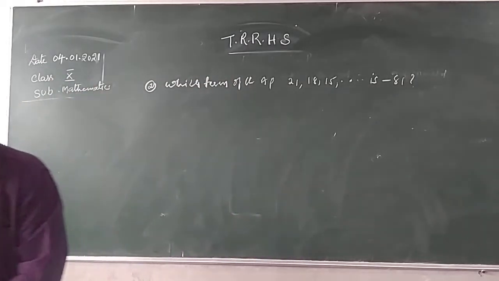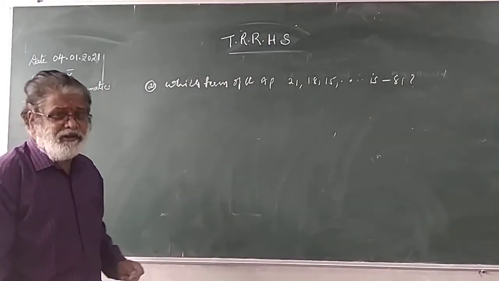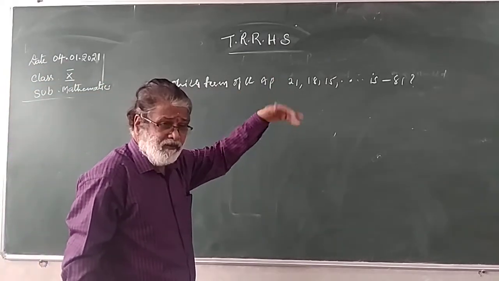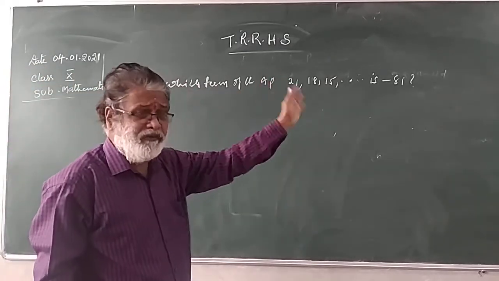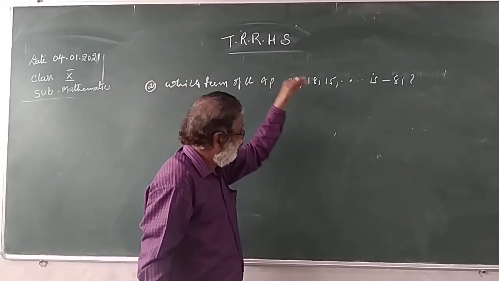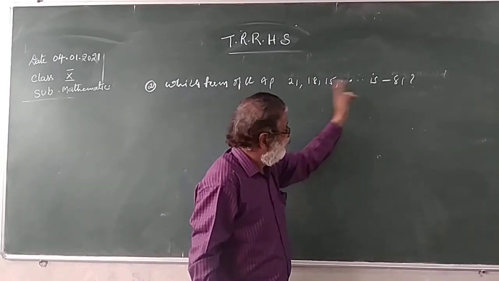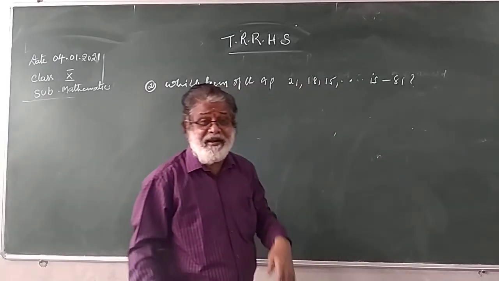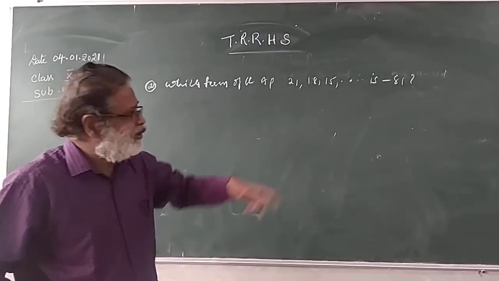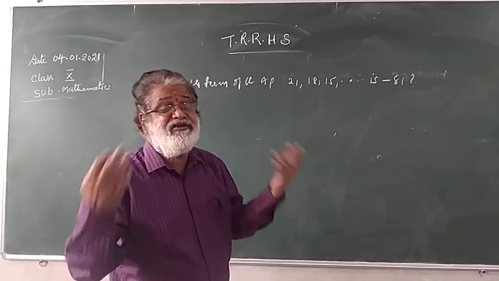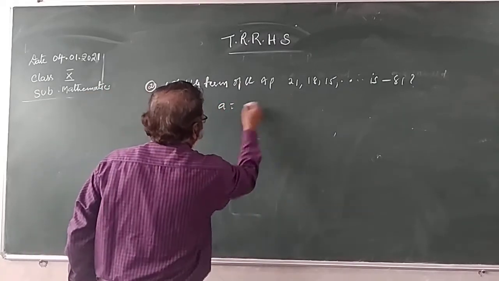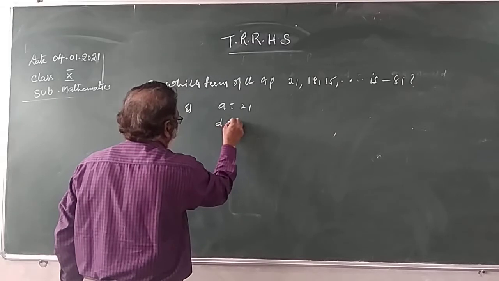The earlier problem we did was the 10th term. Here 21 is given, 18 is given. What are the terms of the AP? 21, 18, 15, and so on. Which term of the AP is minus 81? Minus 81 is which term? First term or second term or third term or fourth term? Which term will it be? Let us assume that. So A, the first term, is 21, and the common difference we find out.